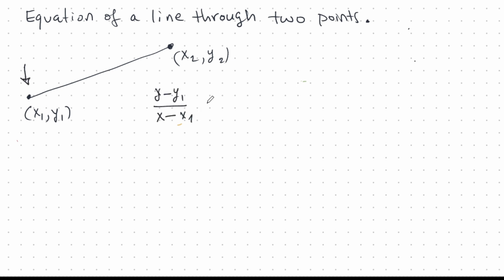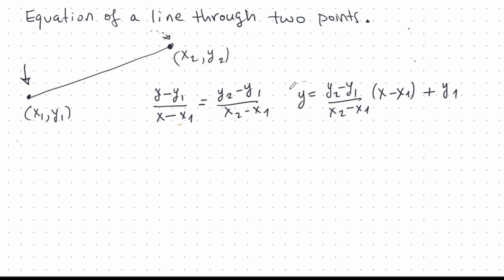And so (y minus y1) over (x minus x1), I could have chosen the other one here, but I chose the first one. This has to be equal to the slope, which is easy to calculate, (y2 minus y1) over (x2 minus x1). Solving for y, I get this, and this is my equation of the line that I am going to use.